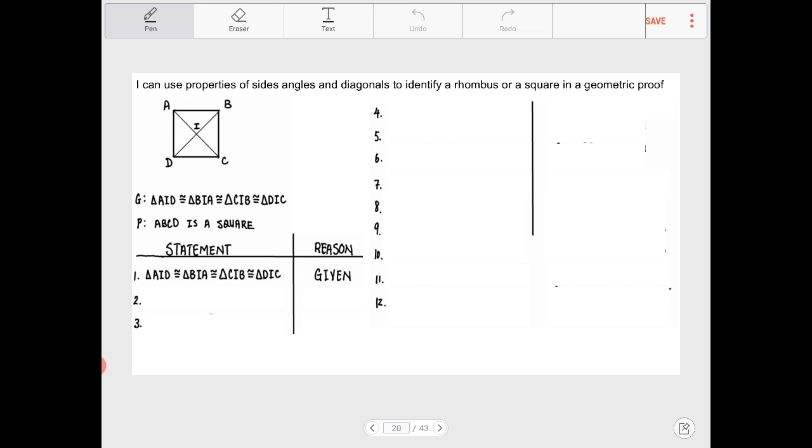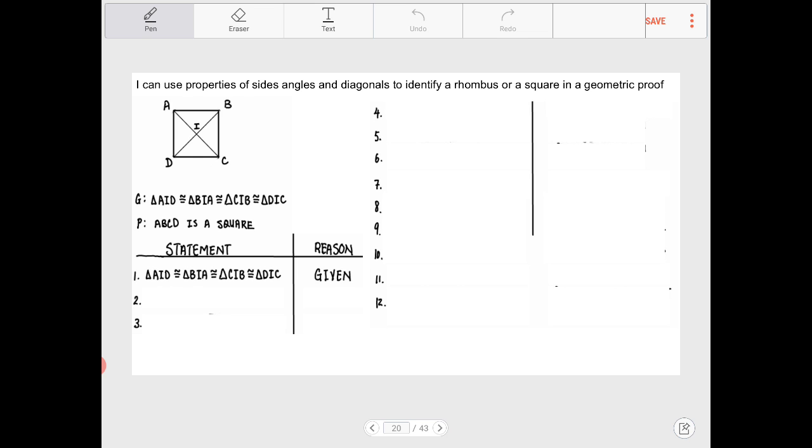First, let's notice that triangle AID is congruent to BIA, which is congruent to CIB, which is also congruent to DIC. We need to show that this is in fact a square. There are a couple of ways in which we can do this, and there are different properties that we can utilize.